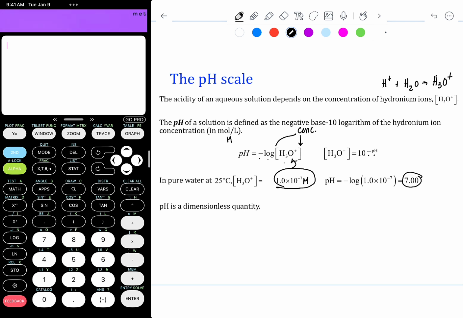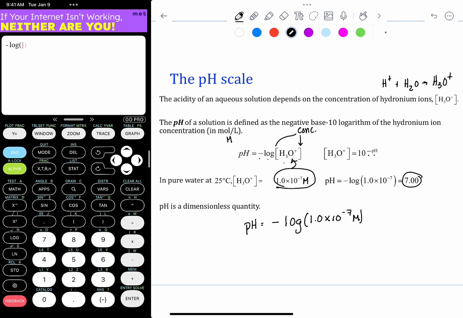So to solve for pH, we want to do pH is equal to the negative log of our concentration, and for water that's 1.0 times 10 to the minus 7 molar. So to type this into our calculator, we would do the negative button, and then the log button, and then we would type in our concentration.